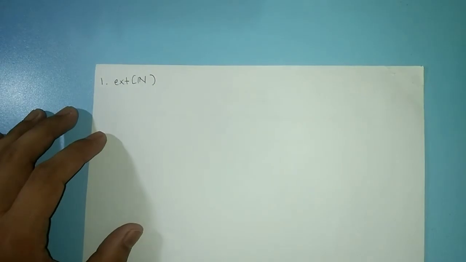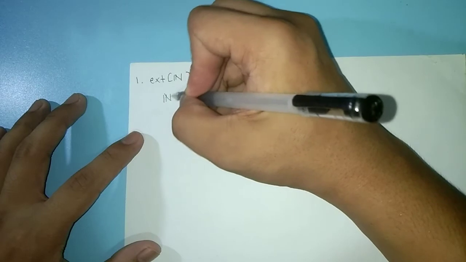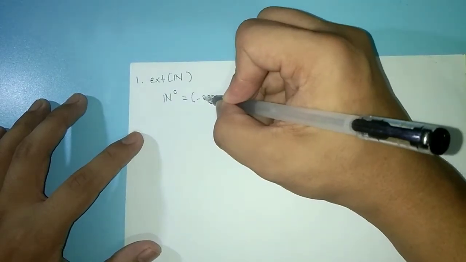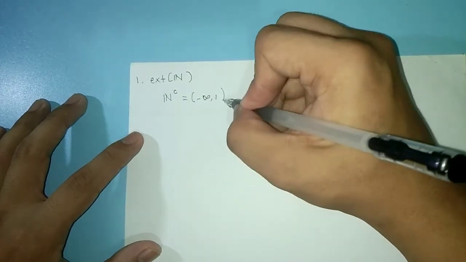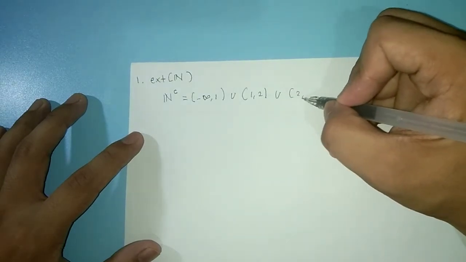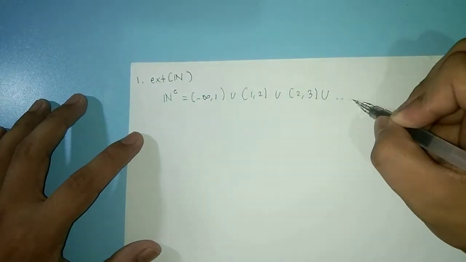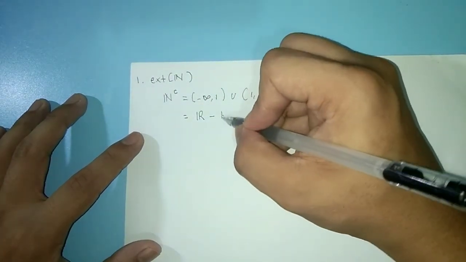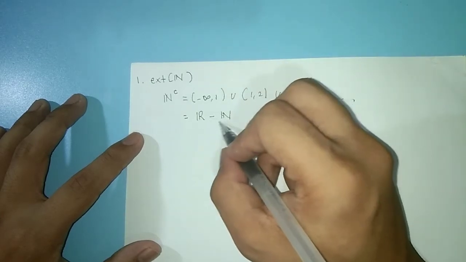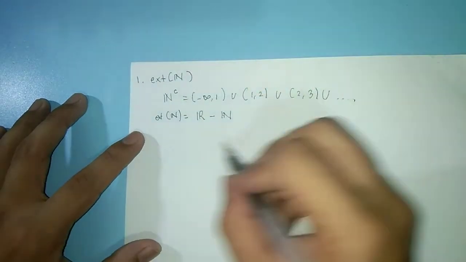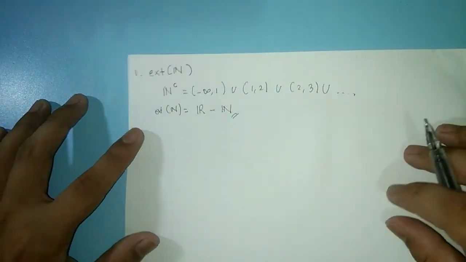So, kapag kinuha mo yung complement ng ating set of natural numbers, so let's say we have N complement, we have negative infinity, 1, union, 1, 2, union, 2, 3, union, and so on. Or, we just have the set of real numbers minus N. So, ito yung mismo yung exterior ng ating set of natural numbers. Okay? So, ito yung exterior ng N.